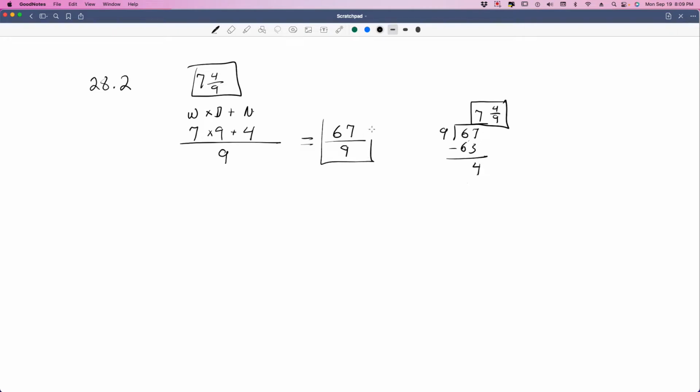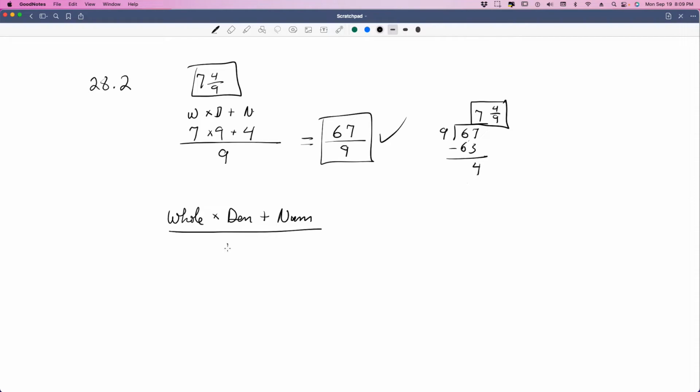That is how you would check your work to make sure you got this right. Divide this number by the denominator, and if you come back up with the same mixed number you started with, you're good. But the process is the whole number times the denominator plus the numerator, and you put all of that back over the denominator. And that's how you would do that.